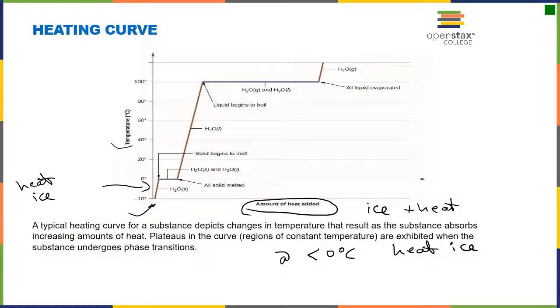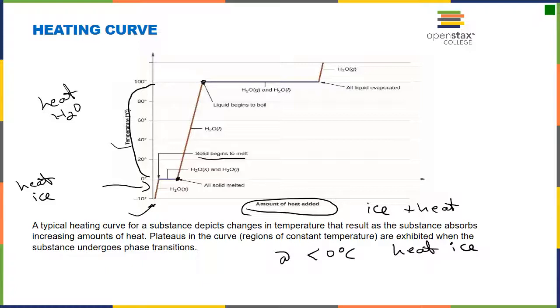Now, when we're done heating the ice and our ice is at 0, we can melt our ice. So our solid is going to begin to melt at 0. Once we have all of our ice melted at 0, we are going to have water. So between 0 and 100, we are going to have to heat our water, because water doesn't boil at 0. Water boils at 100. And we're going to have to add enough heat to get to that temperature.